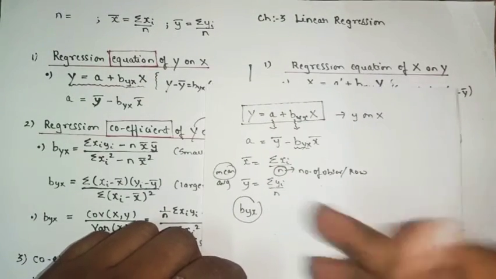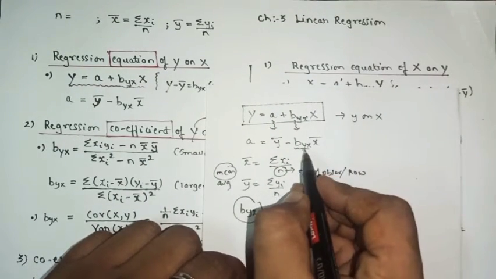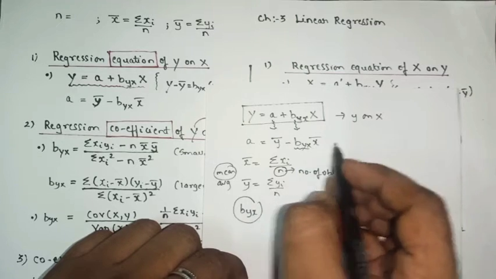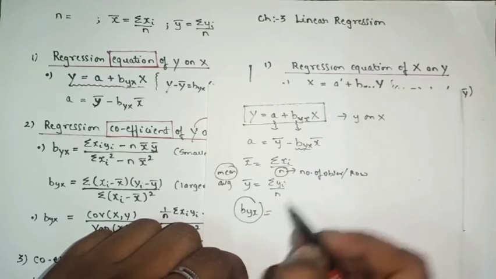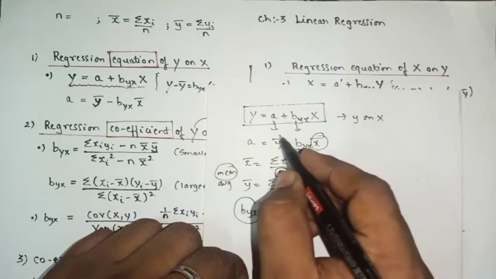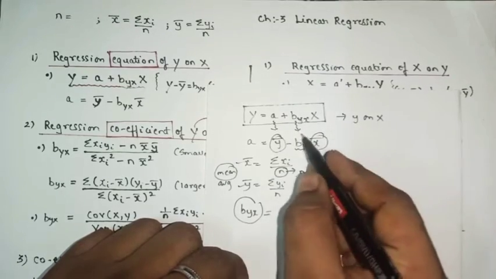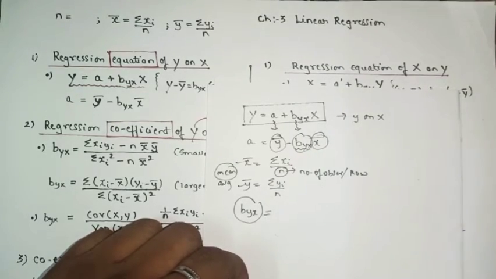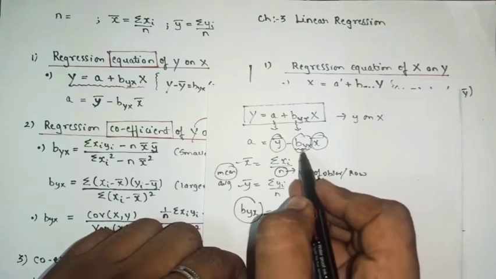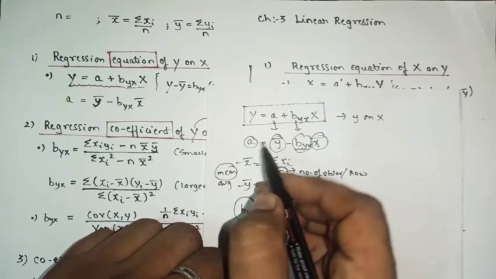Now after applying this formula you will get the answer. You will substitute the values in byx. We have the value of x mean, y mean, and byx also. You will substitute the values of y mean, byx, and x mean, and you will get the value of a.